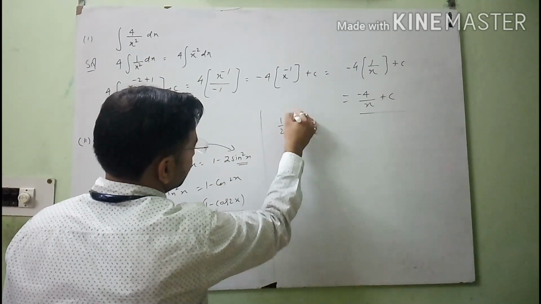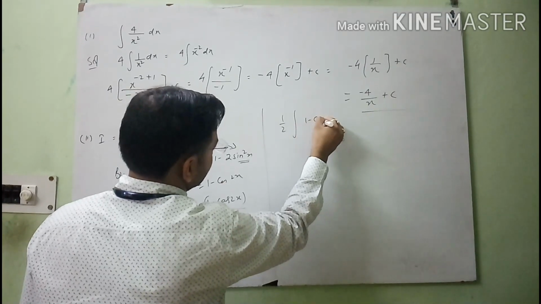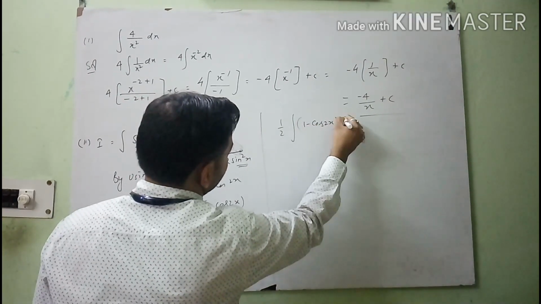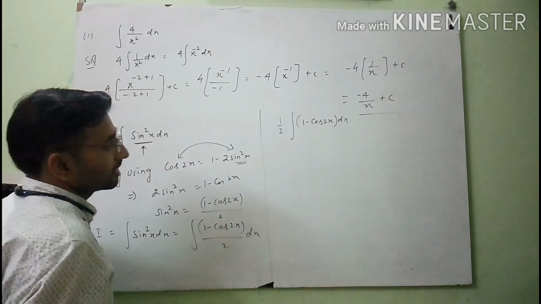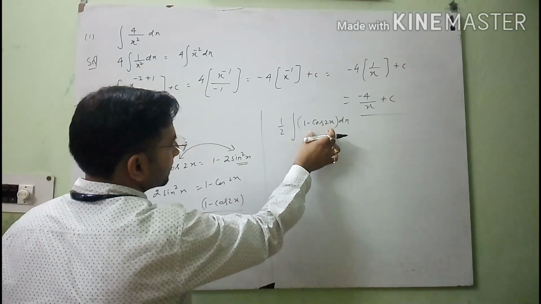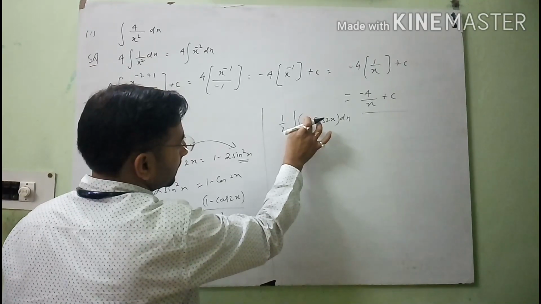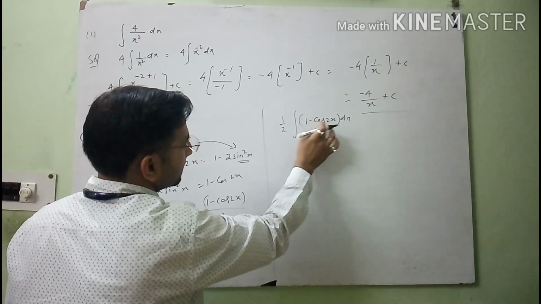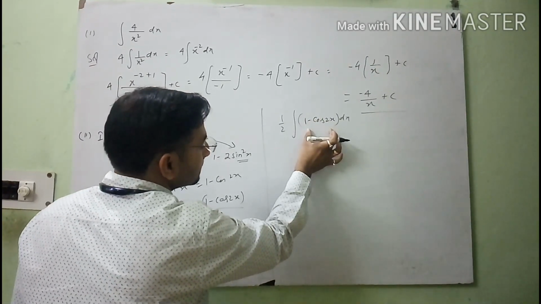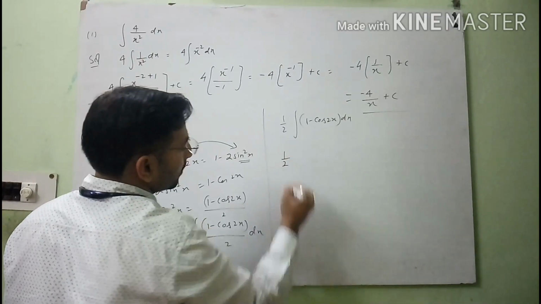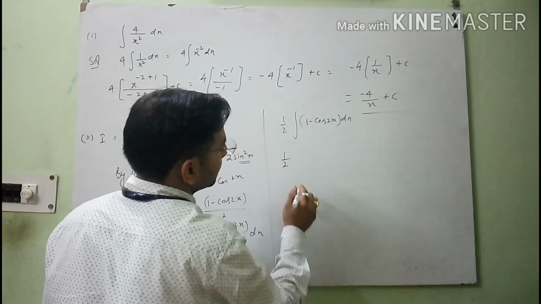So our answer will be 1 over 2 times the integral of 1 minus cos 2x dx. Now I will integrate this complete function, because in this function there are two sub functions, 1 and cos 2x. So I will separate first by using the operational formula for integration.